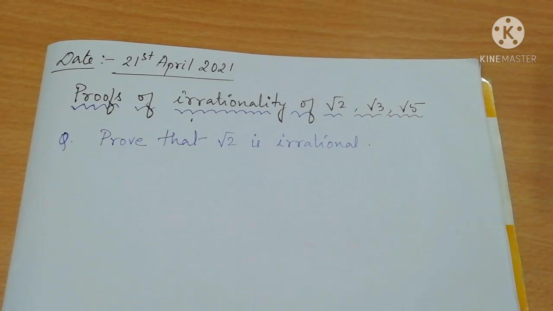Namaste to all. So today's topic is proofs of irrationality of root 2, root 3, root 5. So the question is: prove that root 2 is irrational.